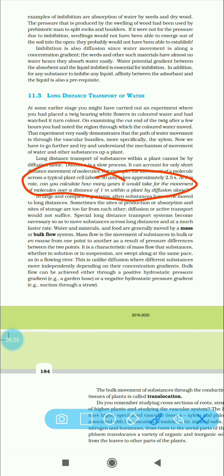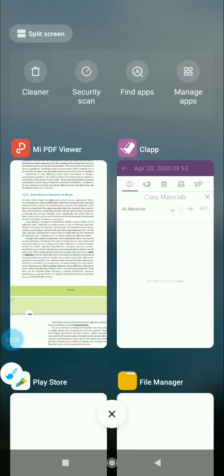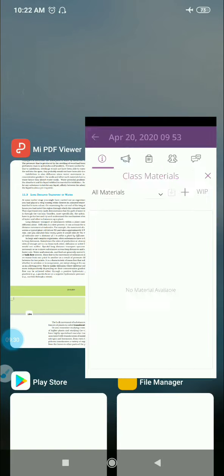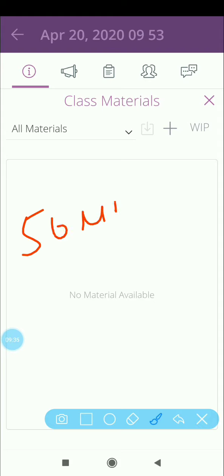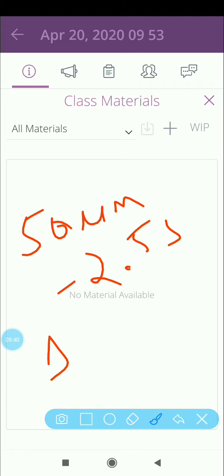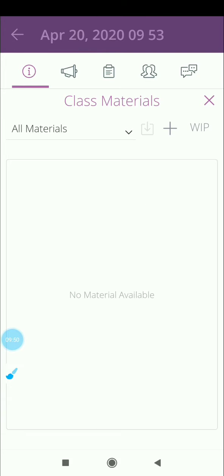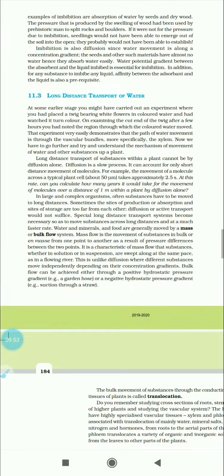For 50 micrometer it is taking 2.5 seconds, so if you want to move 1 meter, you can cross multiply it and it will take a very long time, thousands of years. That is what they are trying to explain in this part. So diffusion is not possible because it is a very slow process.